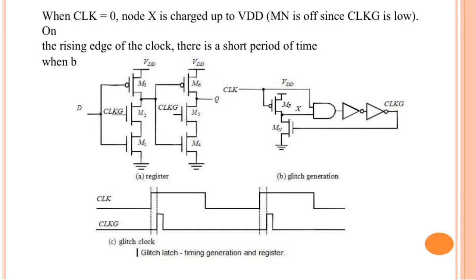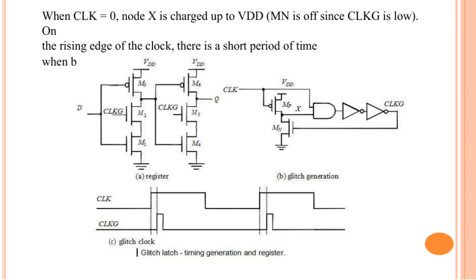Here, we're examining the behavior of node X in relation to the clock signal CLK. When CLK is at 0, node X charges up to the supply voltage, VDD. This happens because transistor MN is off, as the control signal CLKG is low at this time. Then, as the clock transitions from low to high, there's a brief moment when both inputs of the AND gate become high.